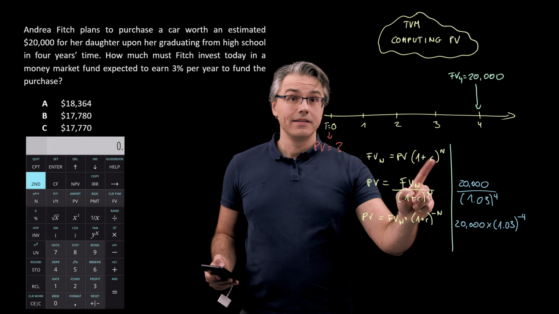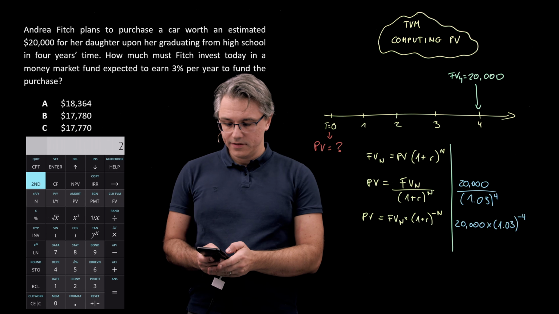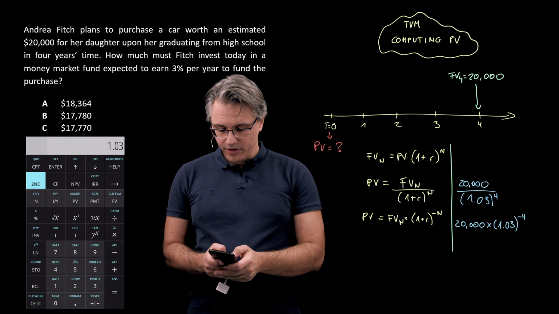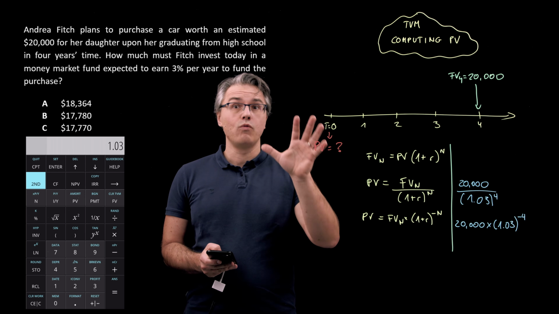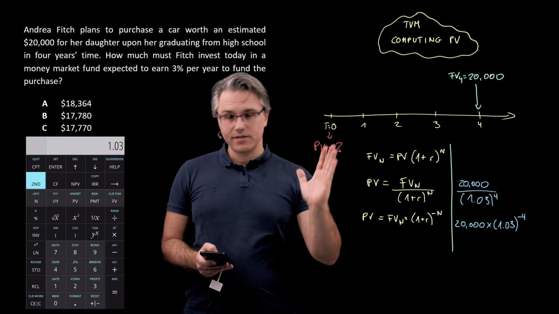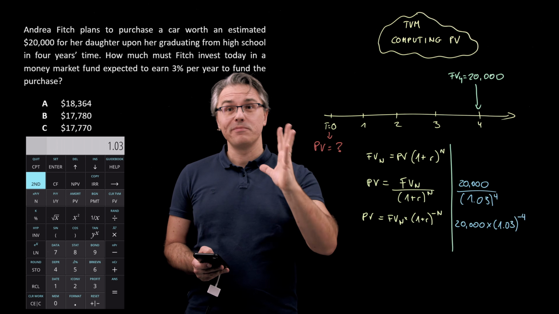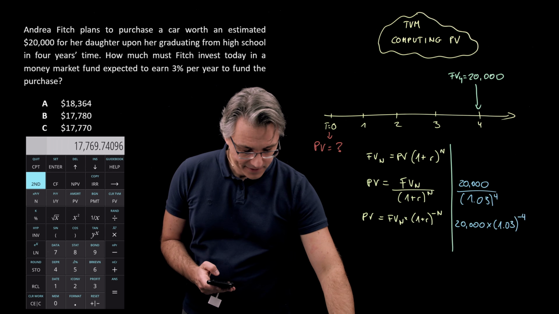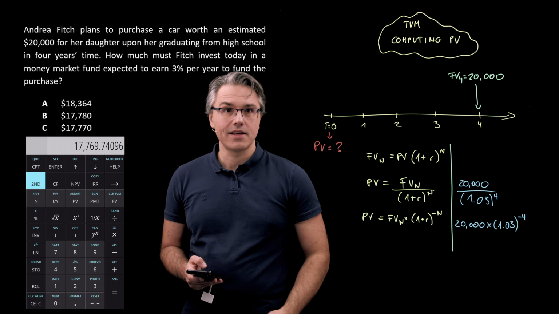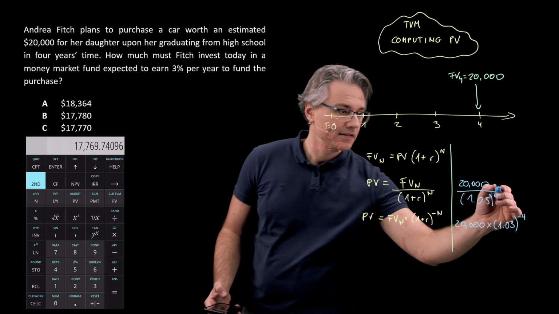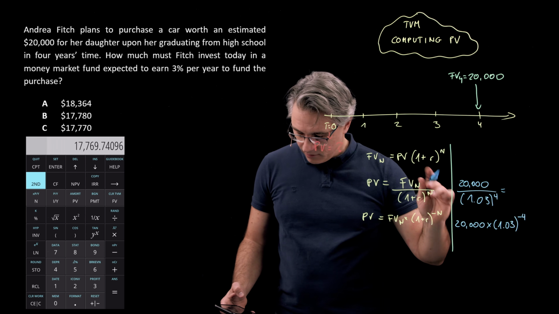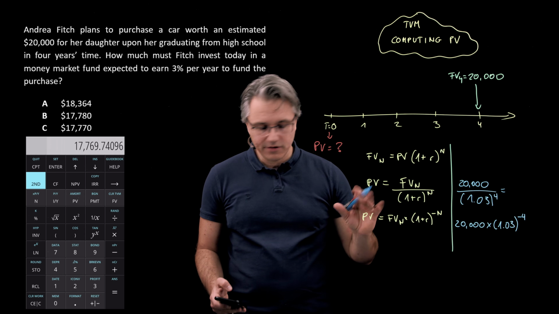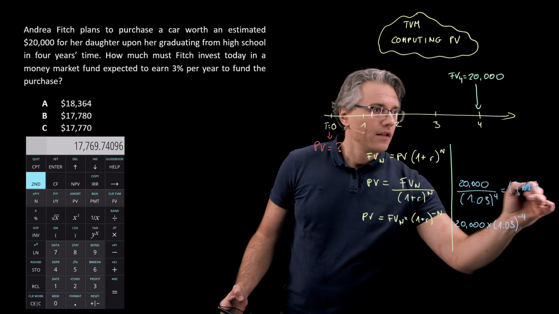First, this computation, 20,000 divided by 1.03 to the power, I'm pressing the y to the power of x key, which is sitting right next door to the brackets, 4 equals, and you can see an answer of roughly 17,769.7. Let's write this down.